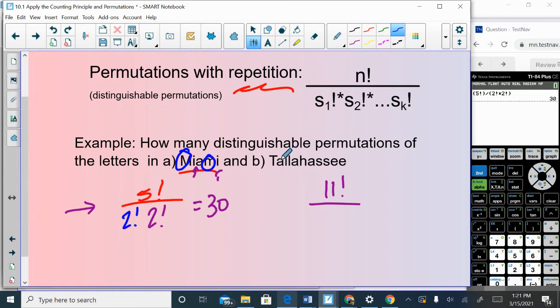So A is repeated 3 times, so there's a 3 factorial down here. L is repeated twice, so there's a 2 factorial. S is repeated twice, another 2 factorial. And E is repeated twice, another 2 factorial. So 11 factorial divided by 3 factorial times 2 factorial times 2 factorial times 2 factorial.